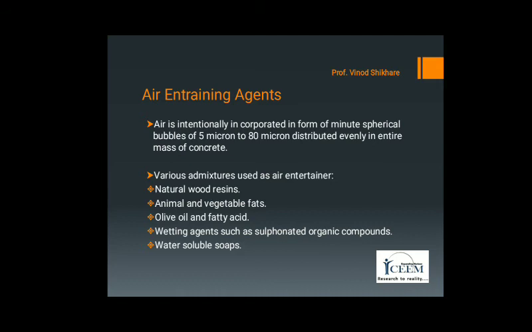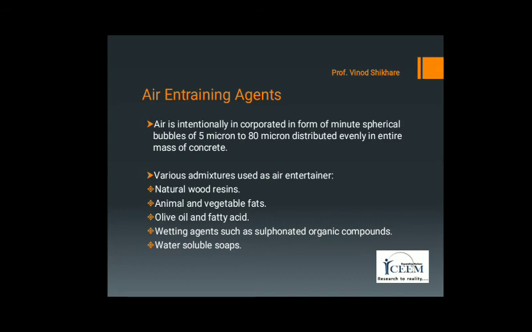Various admixtures used as air entrainers are natural wood resins, animal and vegetable fats, olive oil and fatty acids, wetting agents such as sulfonated organic compounds, and water soluble soaps. The amount of air entrained depends on some factors.